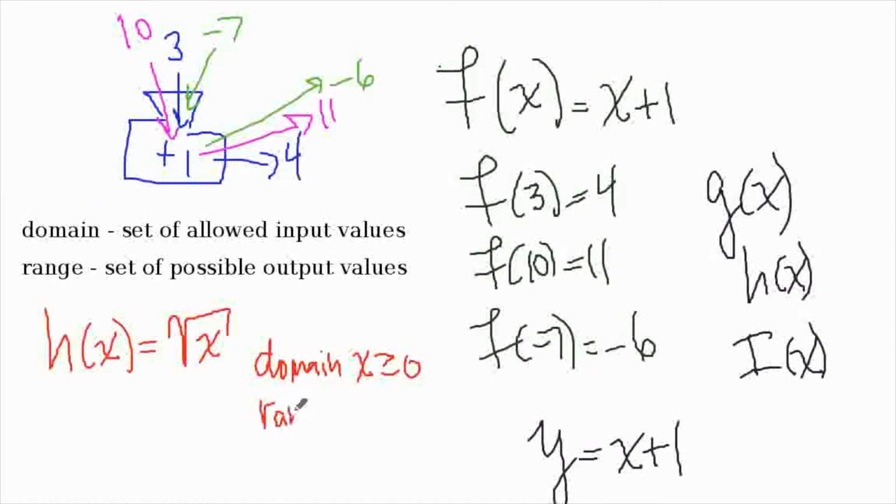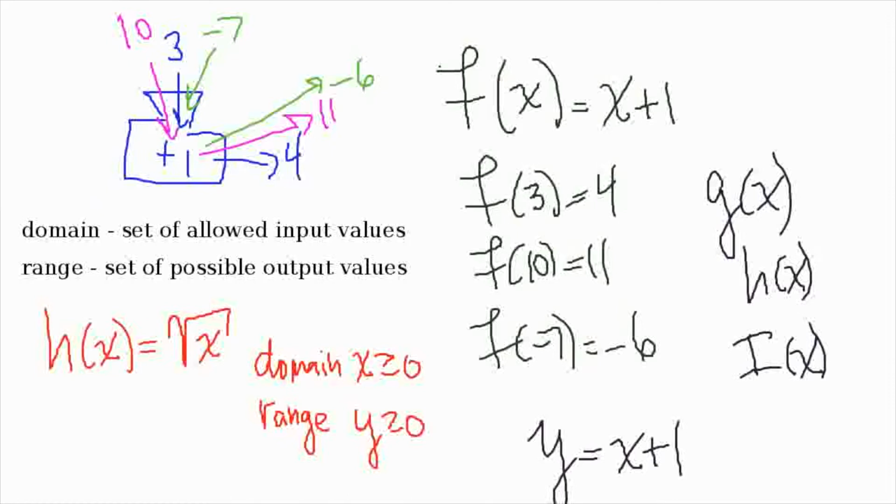If you think about it for a minute, you'll also notice that the square root of no real number is a negative number. So the range is actually the same as the domain in this case, and often the range is expressed in terms of y. Y is traditionally a variable that represents the output value. That's an example where the domain and the range are limited.